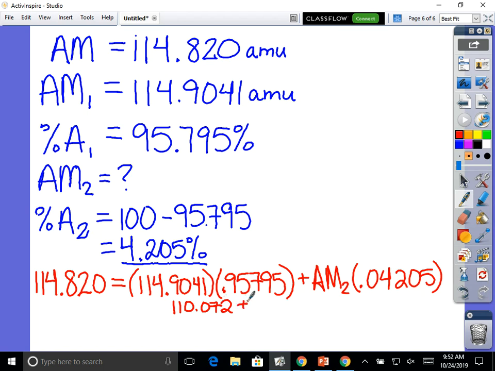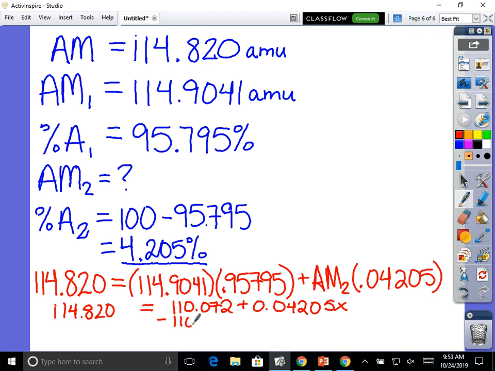Then plus 0.04205, and I'm going to just make that x to make it simple, equals 114.820.